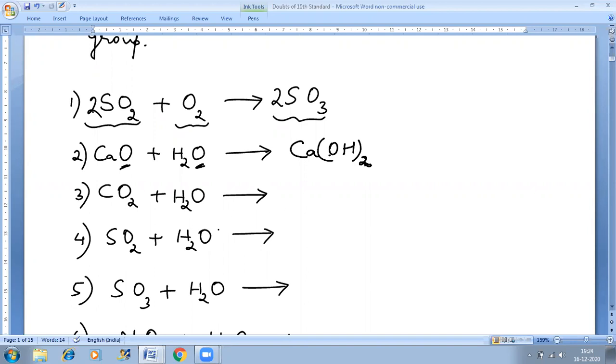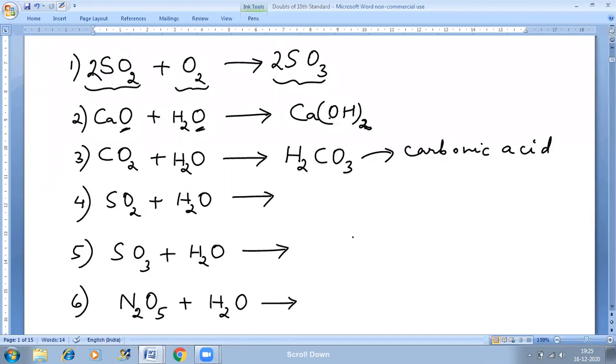CO2 plus H2O. Carbon dioxide plus water gives you a particular acid called carbonic acid, that is H2CO3. Carbonic acid. SO2 plus H2O gives you H2SO3.